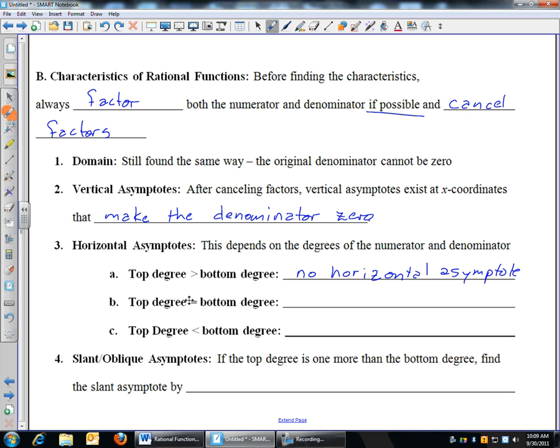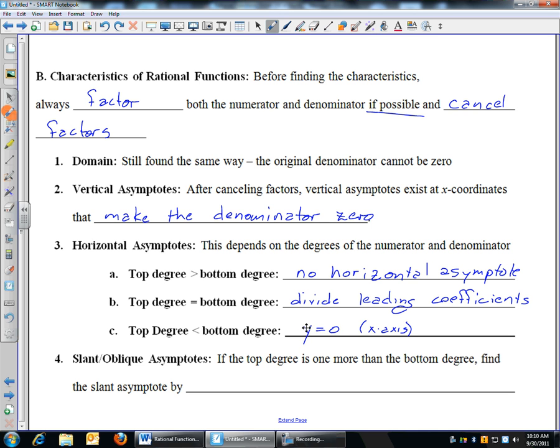Okay, if the top degree is equal to the bottom degree, then you divide the leading coefficients. And if the bottom degree is bigger, or the way I wrote this is the top degree is smaller, but if the bottom degree is bigger, then your horizontal asymptote is y equals 0, which is also known as the x-axis.